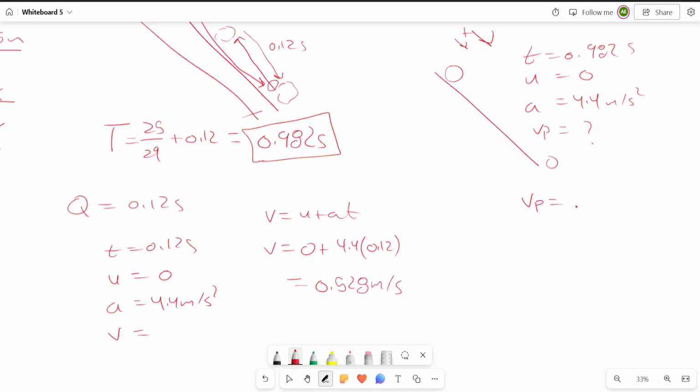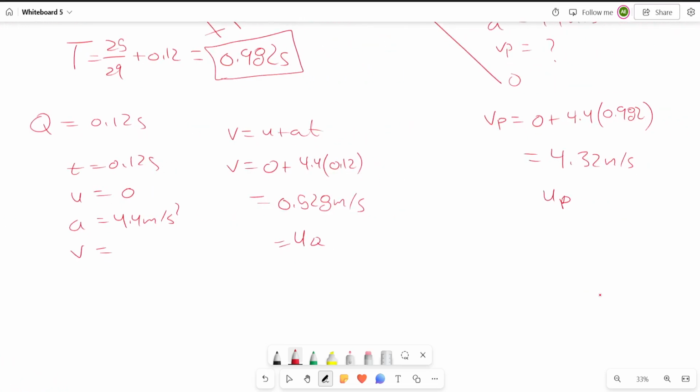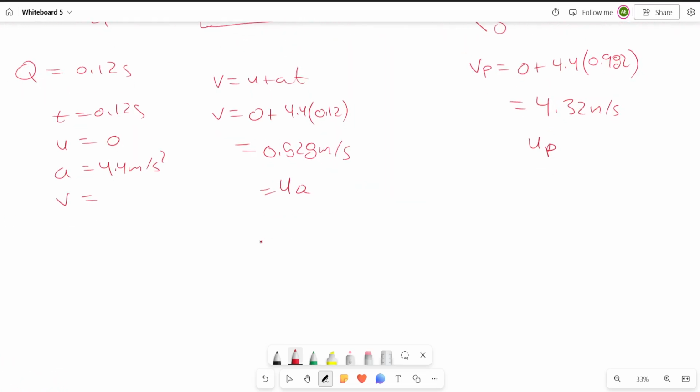VP is going to equal U, which is 0, plus AT, 4.4 times 0.982. So my VP is going to equal 4.32 meters per second. So these are now my UQ before impact, and this is my UP before the impact. I can use these two numbers in order to do my conservation of momentum equation.